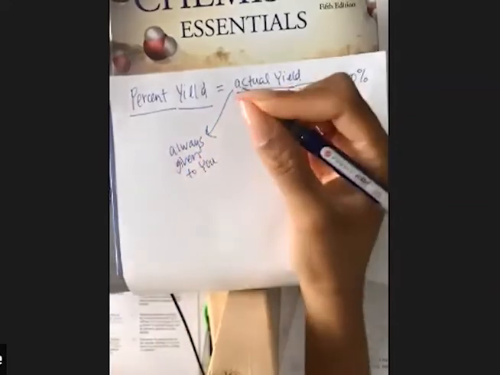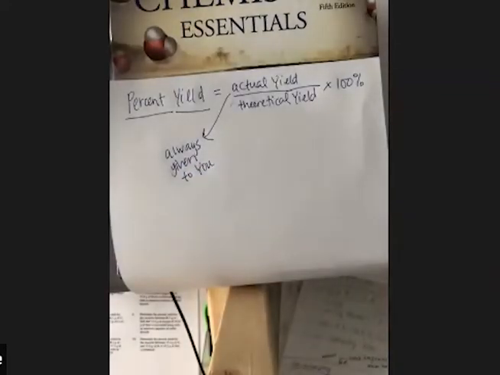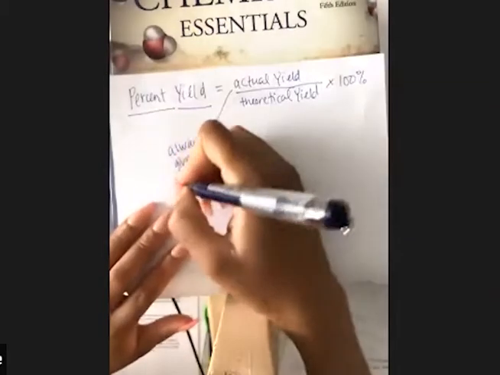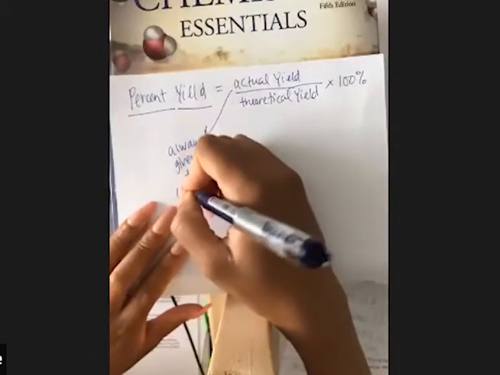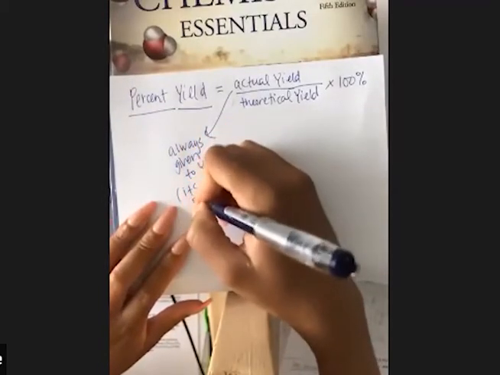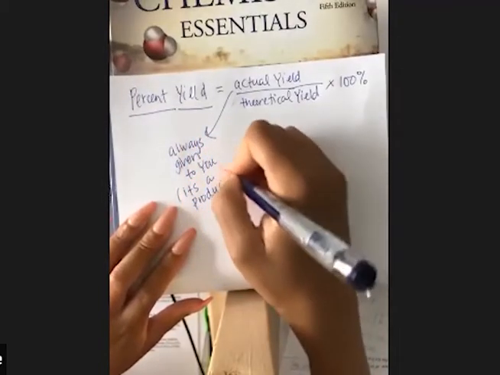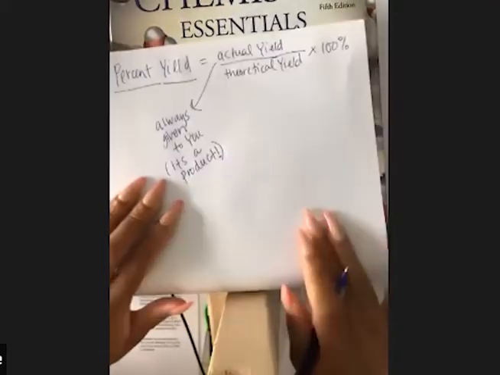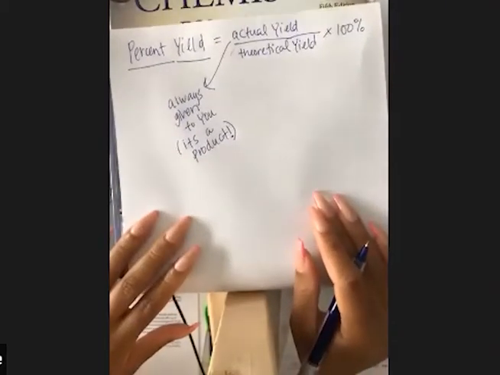So sometimes you'll have 3 givens, and you'd have to figure out which one is your actual yield. Your actual yield is always given to you. It's going to be a product. So the actual yield is always the product, the number they give you for the product.